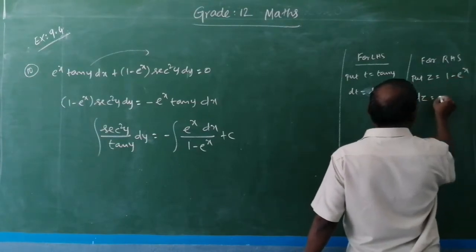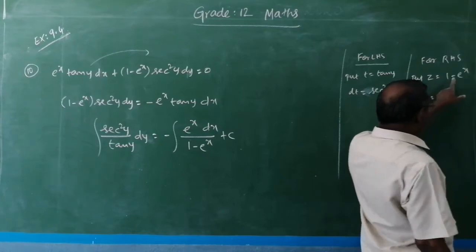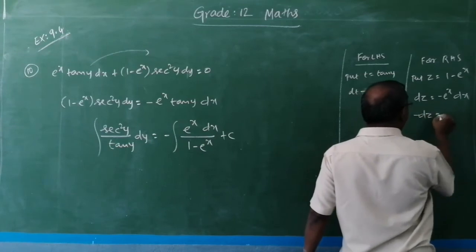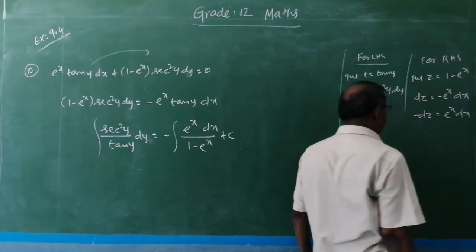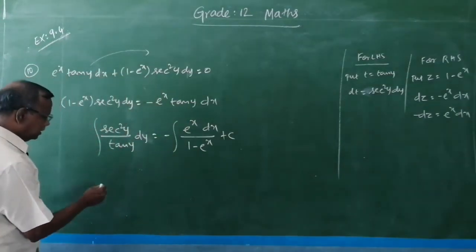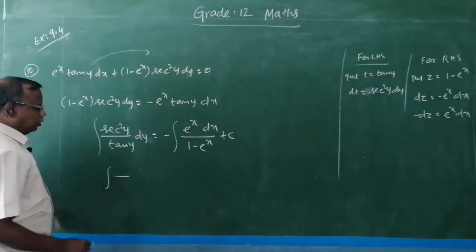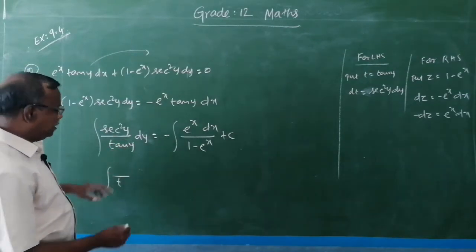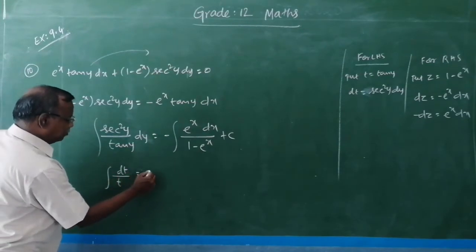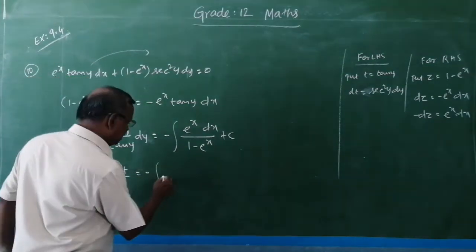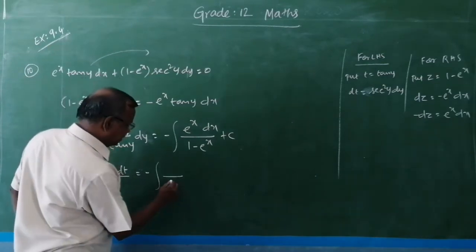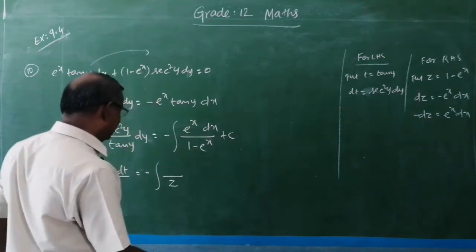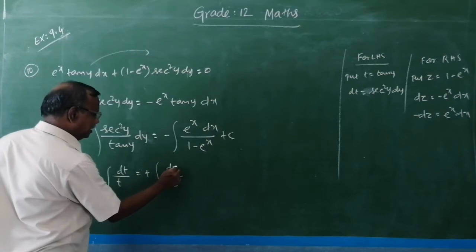So dz equal to minus e power x into dx, or minus dz equal to e power x into dx. So LHS equal to integral, instead of tan y we can put t, and instead of secant square y dy put dt, equal to minus integral, the denominator is z and the numerator is e power x into dx equal to minus dz, minus into minus plus dz plus c.